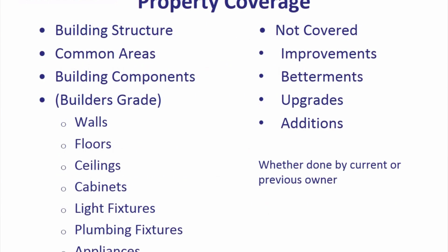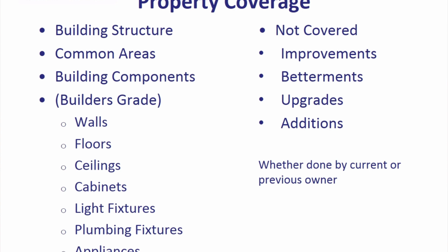The other major component of a properly structured association policy is the property coverage. Right alongside the liability coverage, we're talking about property coverage for the building structures and the common areas, making sure things are outlined correctly, again referring back to the bylaws.